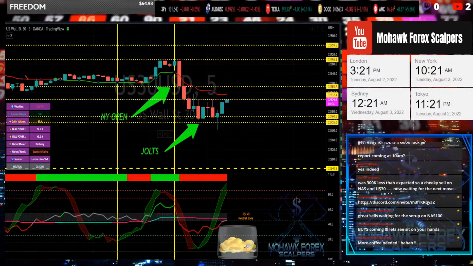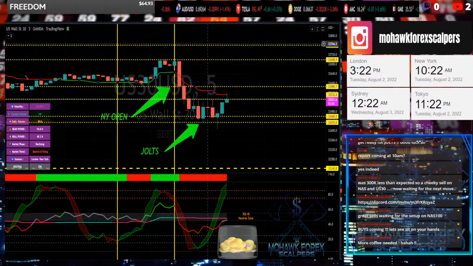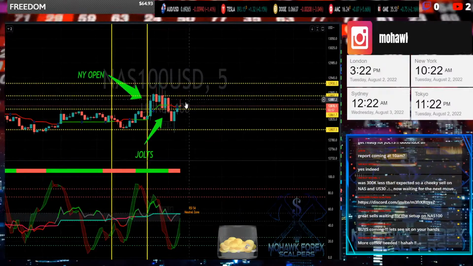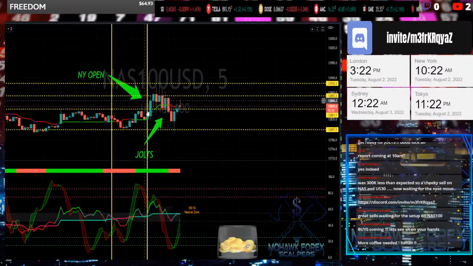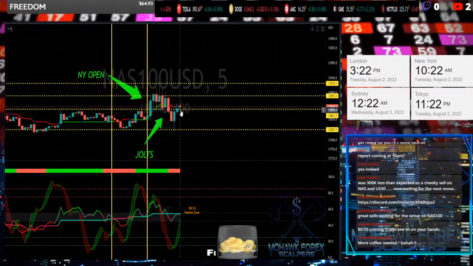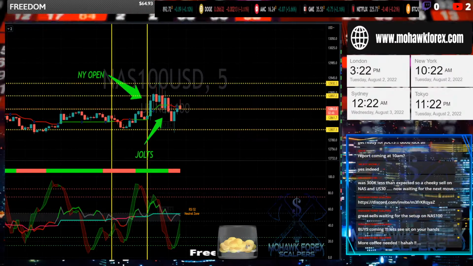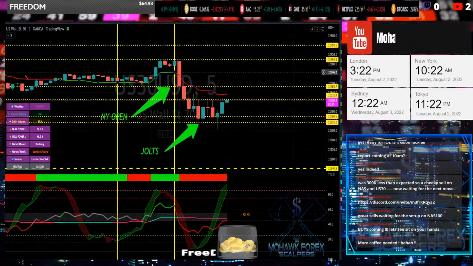FOMO. Anyway, we'll watch this. We'll watch US 30 and see if we get back into the buy. NAS is ranging. Again, we are looking for a buy on NAS. Here, but US 30.